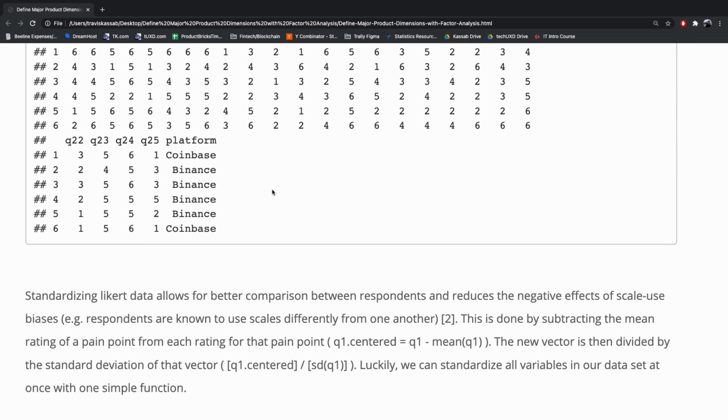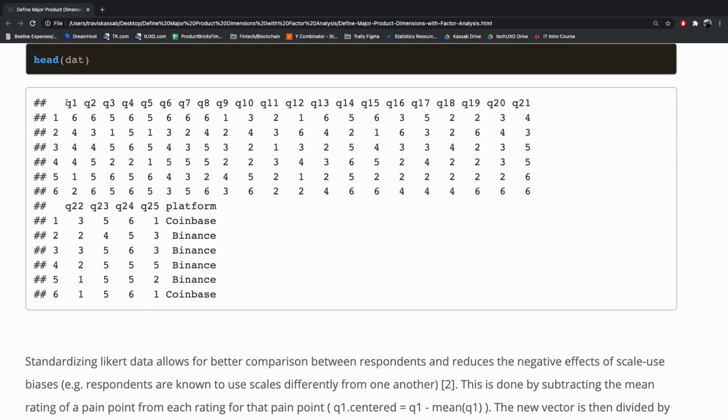So to eliminate that or to mitigate the negative effects of scale use bias, we do something called standardization. What you do is, basically, we take the average of this vector and we subtract it from each response. That's called centering. And then we take the standard deviation of this vector and divide each of those centered responses by it.